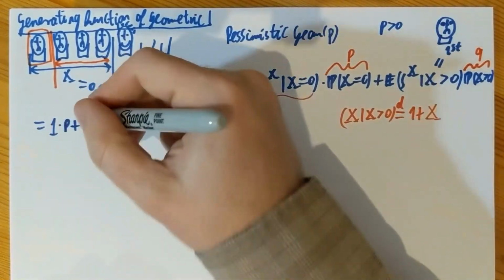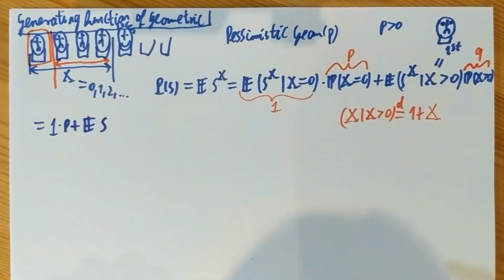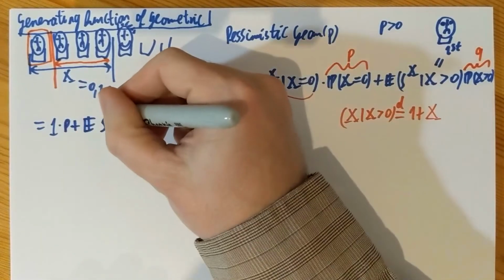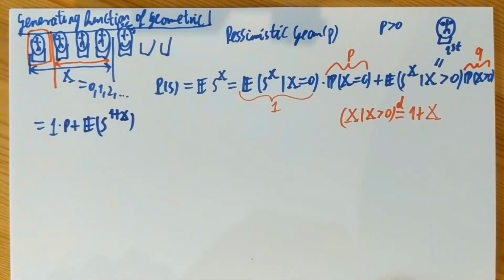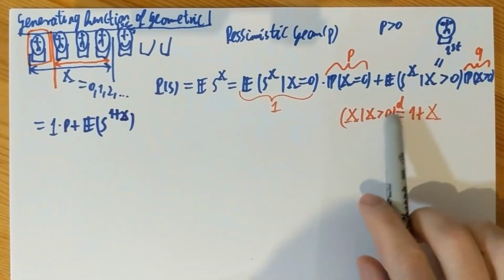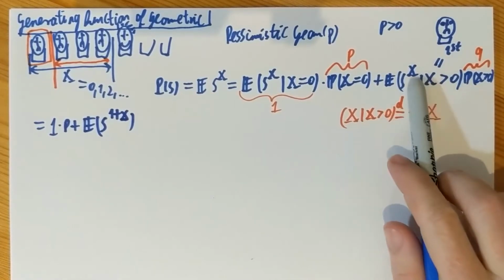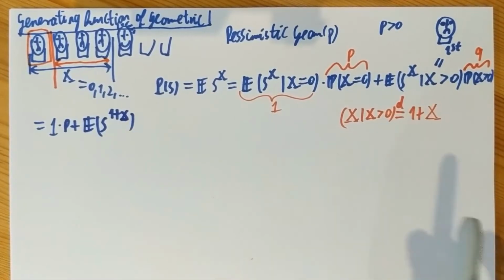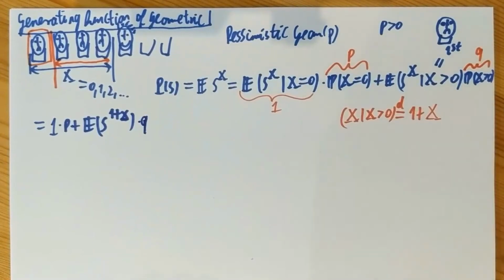Then I'm going to write the expectation of s to the 1 plus X without any further conditioning. The conditioning did its job: it made a 1 plus X out of X. I don't need this conditioning anymore. Times this factor Q at the end.